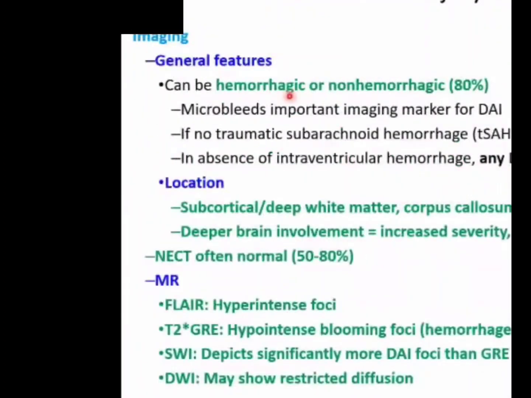Hemorrhagic or non-hemorrhagic, 80% are non-hemorrhagic, so we won't see it. Usually we will see associated traumatic subarachnoid hemorrhage or intraventricular hemorrhage.